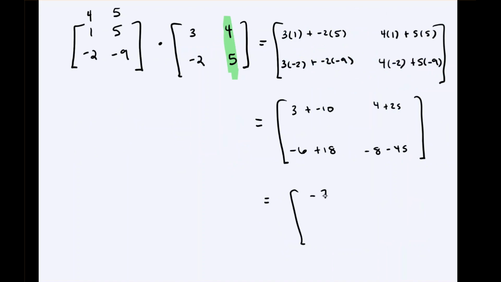That would give me -7, 29, 12, and -53. So that is what A times B is as a matrix.